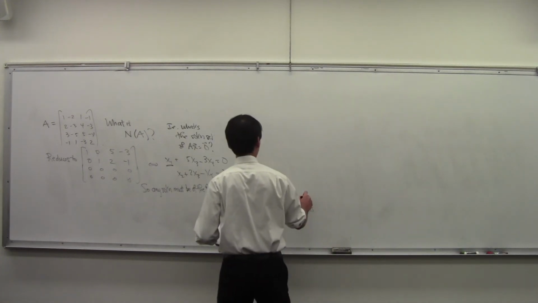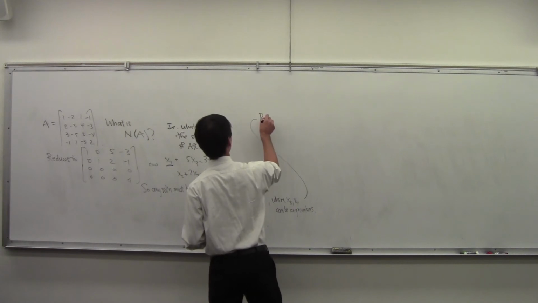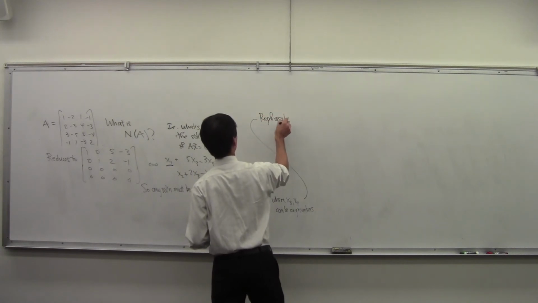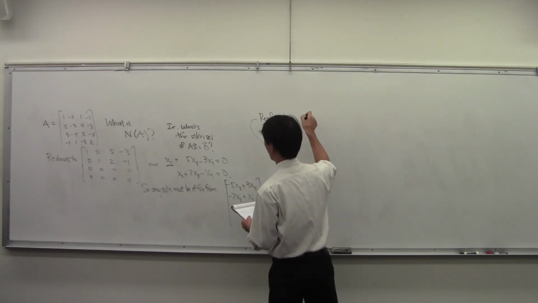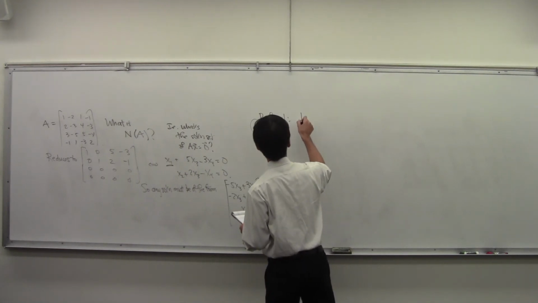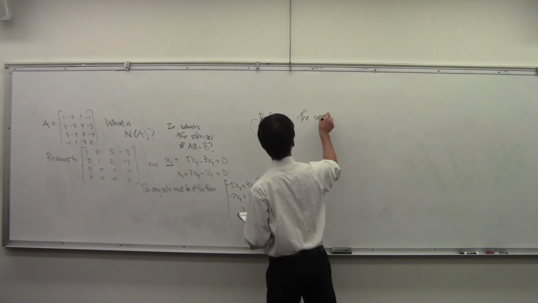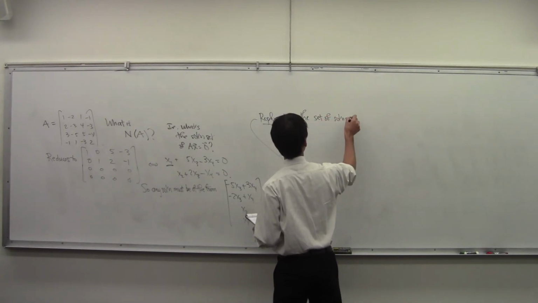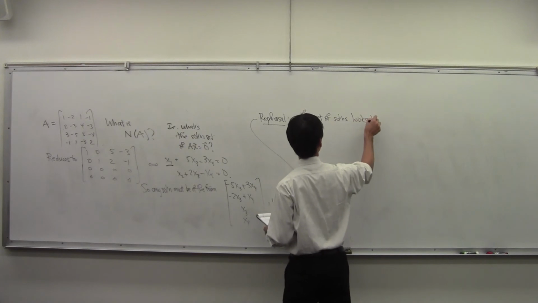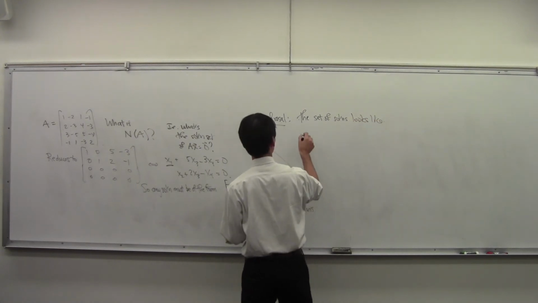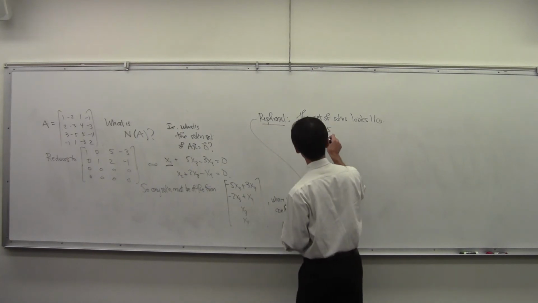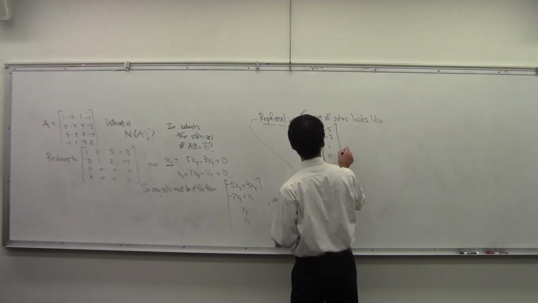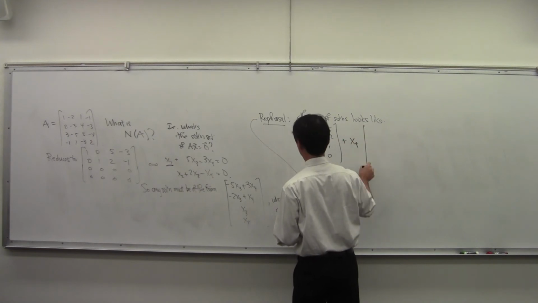Okay. Another way of writing that is that the set of solutions looks like this. x3 times the vector negative 5, negative 2, 1, 0 plus x4 times 3, 1, 0, 1.